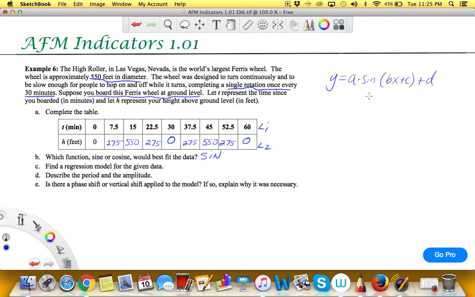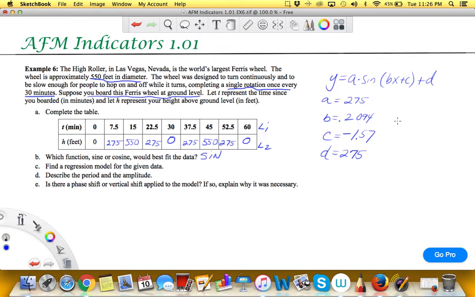And it tells you that a equals 275, b equals 0.2094, c equals negative 1.57, and d equals 275.